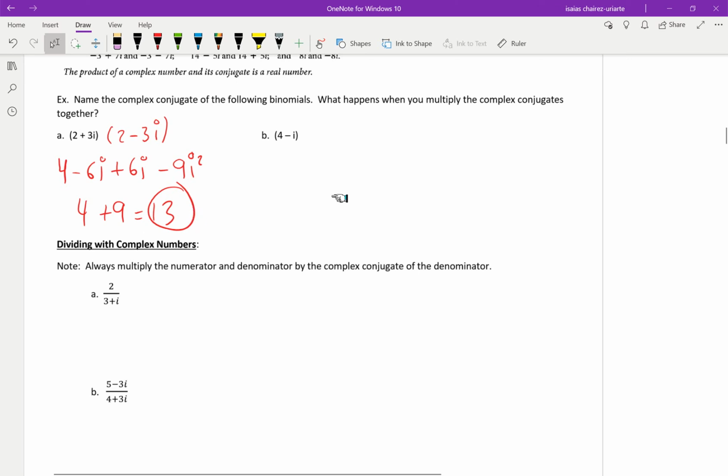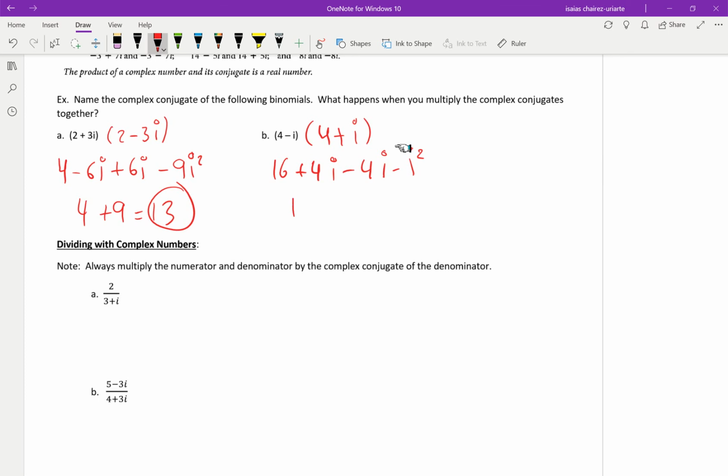Okay, so then let's try the next one. That's the complex conjugate of this number, or this is the conjugate of this complex number. Now let's multiply. So this becomes 16 plus 4i minus 4i minus i squared, and the middle terms cancel.